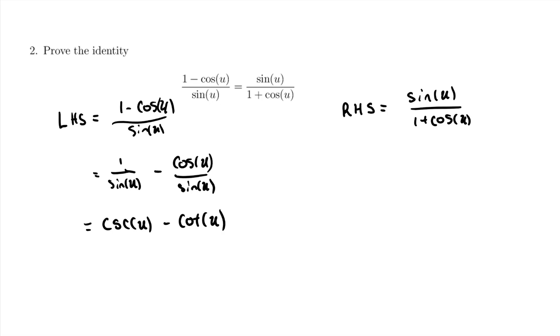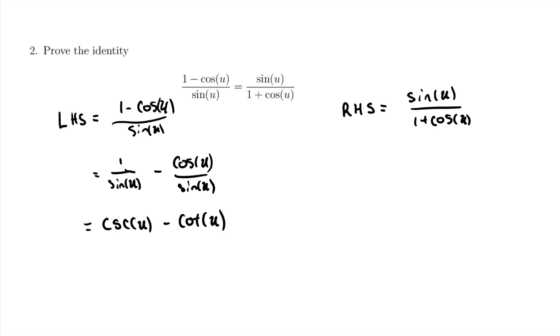Well, the first thing I can think of is, maybe I want to try to change the denominator a little. And the best way for me to possibly change that is going to be to multiply the numerator and denominator by 1 minus cosine of u here.